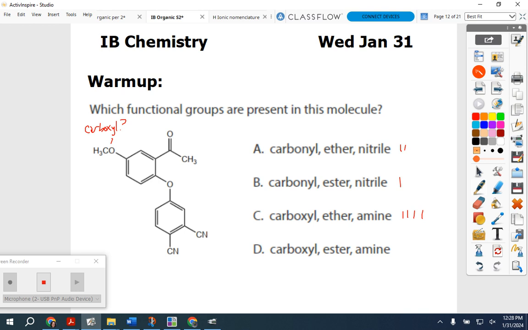Amaya, go ahead. Right here? Yep. Okay. So that's one dissension here. Somebody else who picked C or A, tell me where the ether group is. Yeah, Asanina. This one? Yeah, okay.